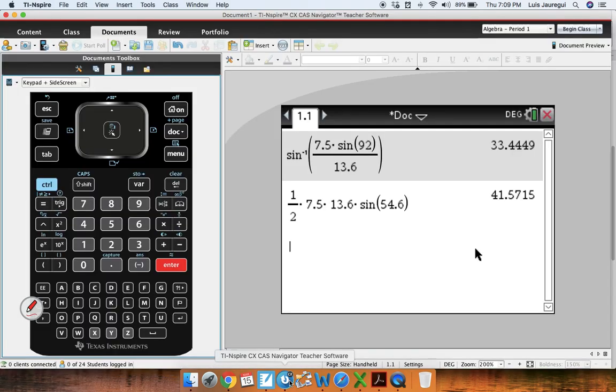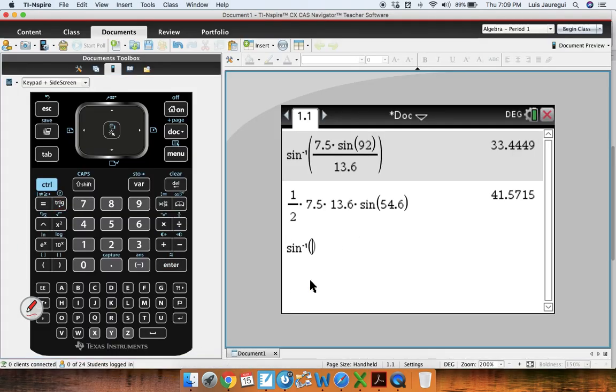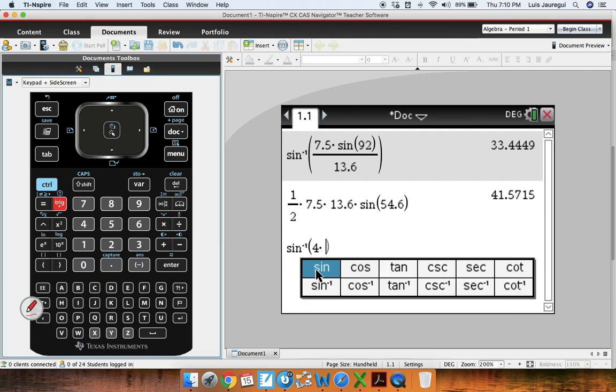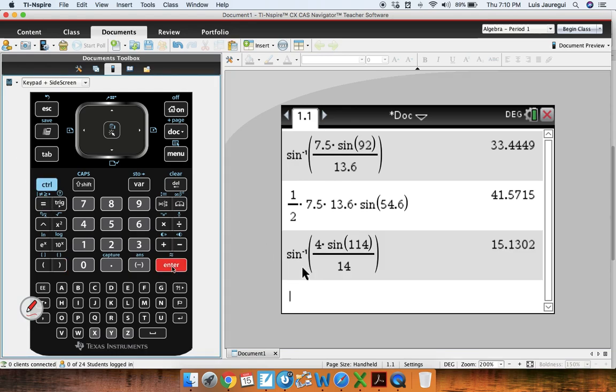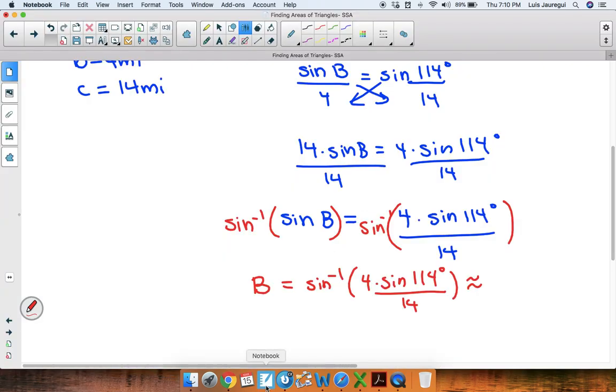So using the Inspire, we're going to type in sine inverse of 4 times sine of 114 degrees, all divided here by 14, close parentheses, and let's go ahead and hit Control Enter. So we get that the measure of angle B is approximately 15.1 degrees after we round to the nearest tenth. So going back, we say that B is equal to about 15.1 degrees.